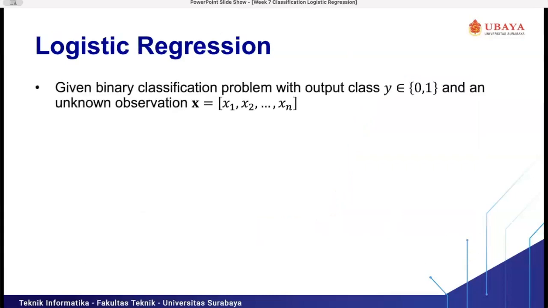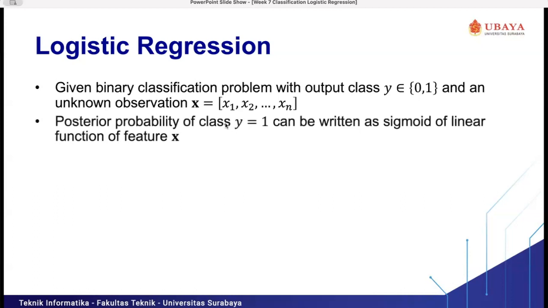Given a binary classification problem with the output class Y, which is 0 or 1, and an unknown observation X, X1, X2, up to Xn, X will be the input features.